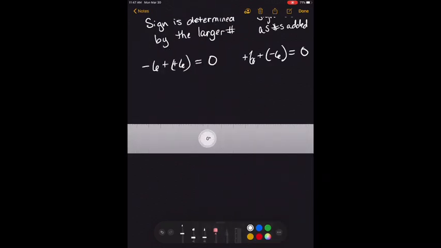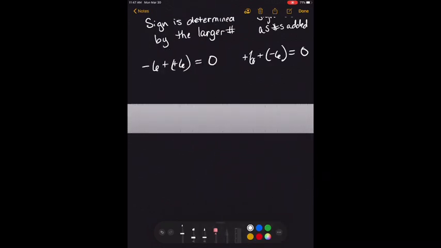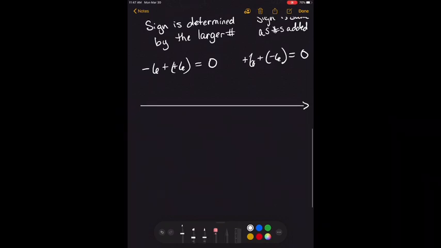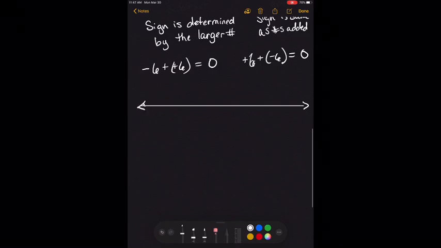If you want to think about it in terms of a number line, you can. If you're struggling with this at all, please draw a number line. Don't let your pride be your downfall. Draw a number line, and this is how you can picture it. Let's do -10 minus -6.